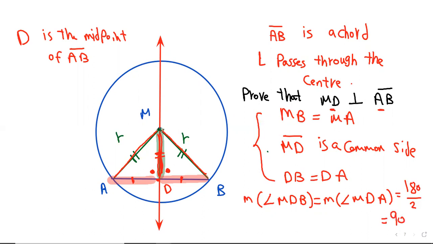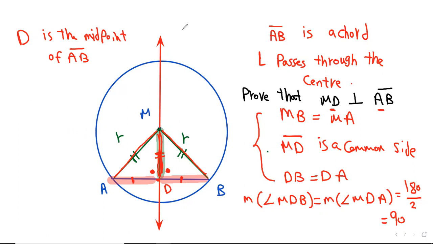So we reach an important conclusion: the straight line which is drawn passing through the center of the circle and the midpoint of any chord is perpendicular to this chord.